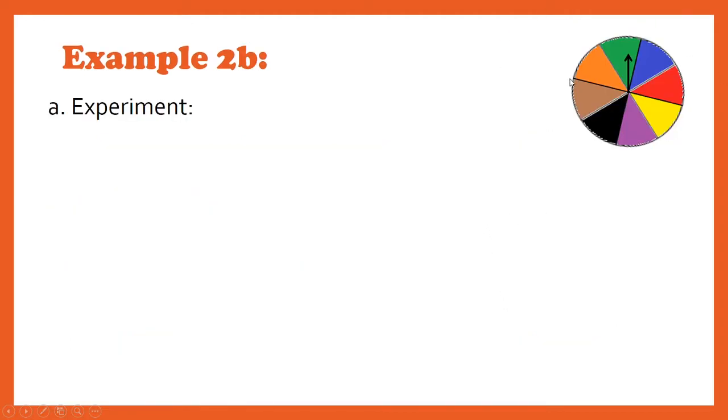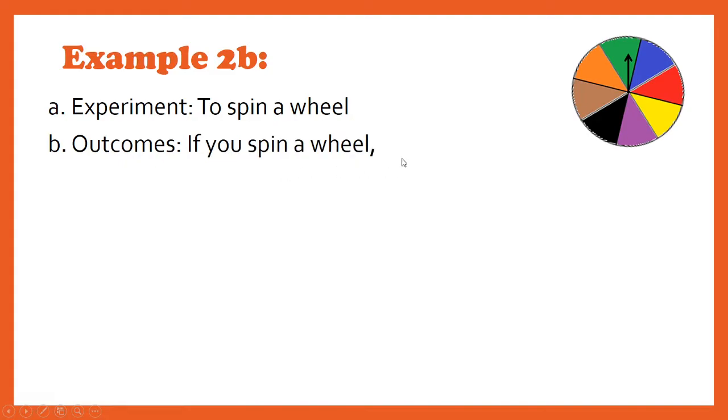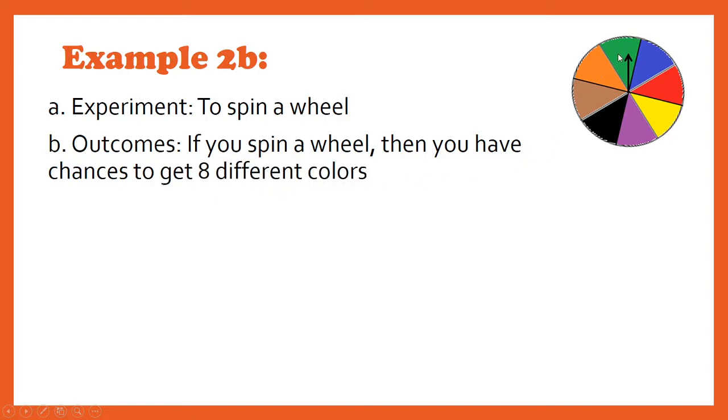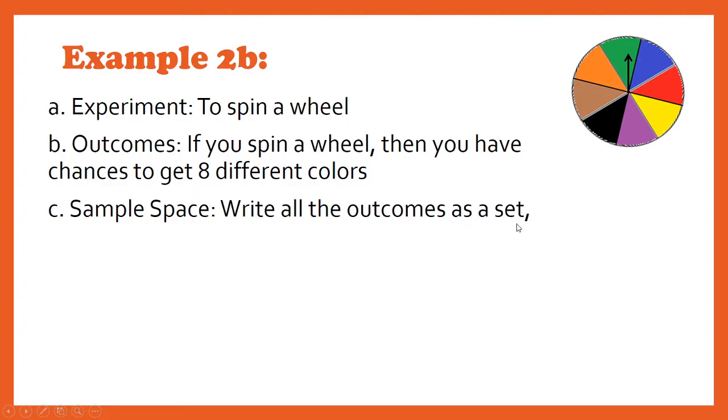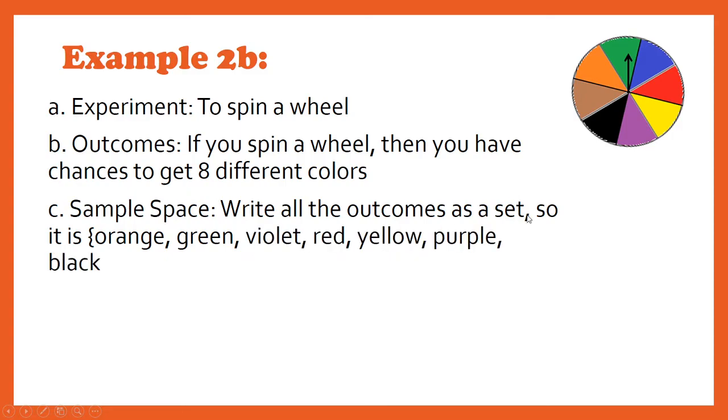Okay, now next, the experiment is to spin a wheel. So, ito yung ating wheel. So, ilan ang kulay niyan? So, ano magiging outcomes nito? So, if you spin a wheel, then you have chances to get 8 different colors. Diba? And the sample space, so you write all the outcomes as a set: orange, green, violet, red, yellow, purple, black, brown.